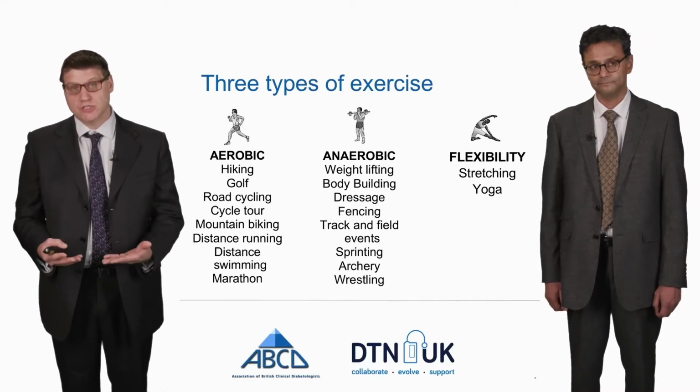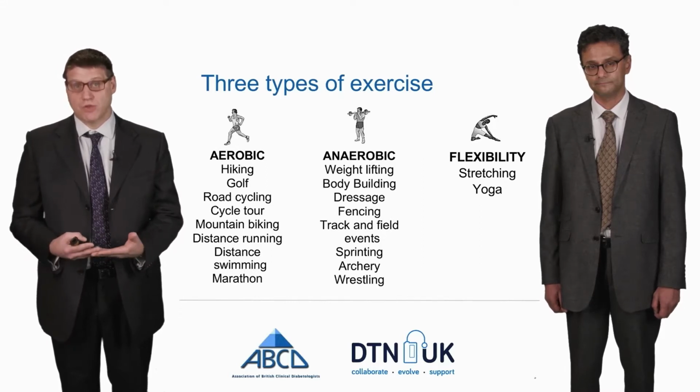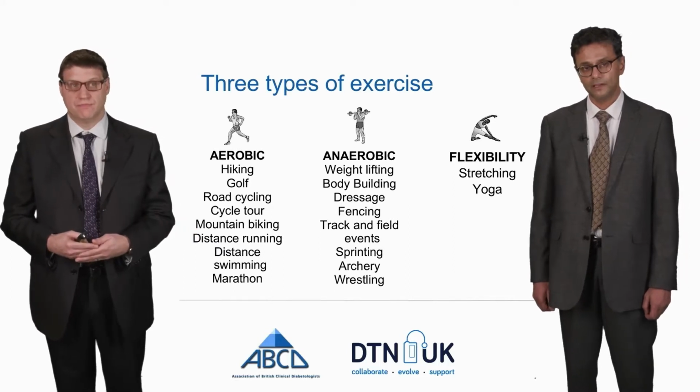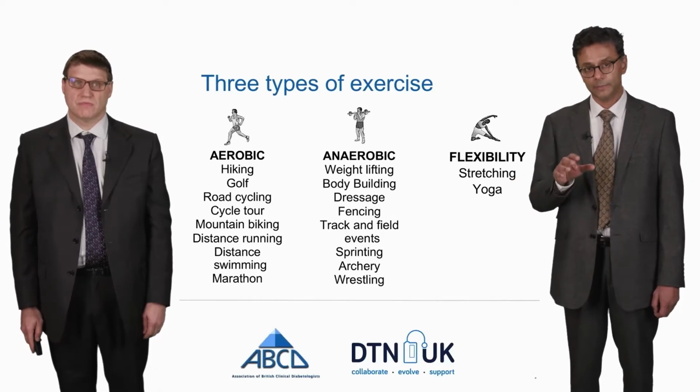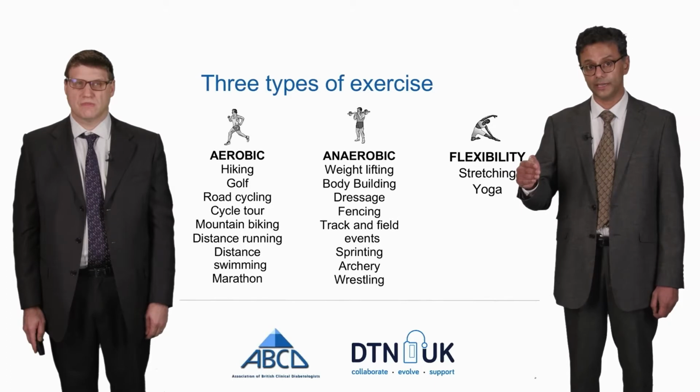Interestingly, if you're going to get good at a sport, you need to have all three components of these. So if you want to be good at a sport, you have to be faster, stronger, and more flexible. And whilst we've split these sports into three different categories, bear in mind that some exercises can fit more than one category.